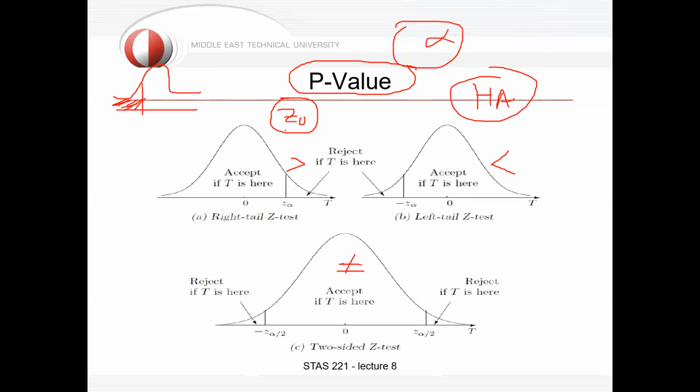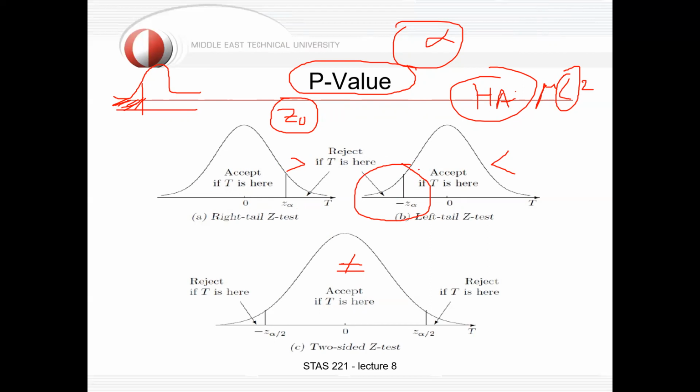Okay, so now let's say, for example, this is the case and my H0 is something like mu less than 2. Then we have a less than value. So when you find the Z score for your test statistic, then based on this test statistic, you should be able to find this region.